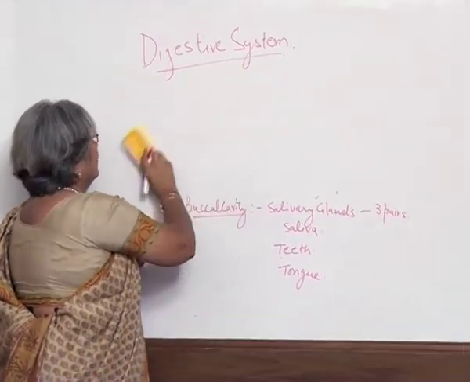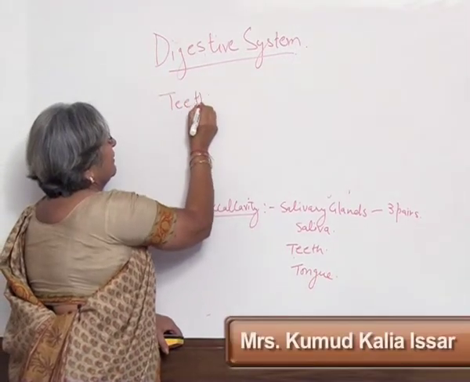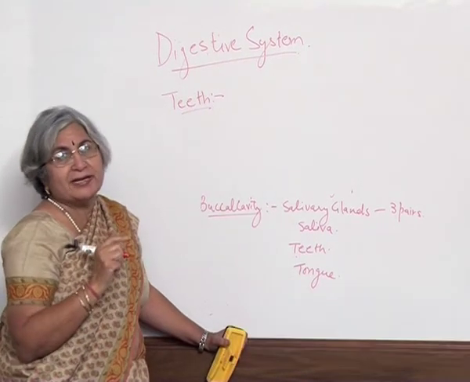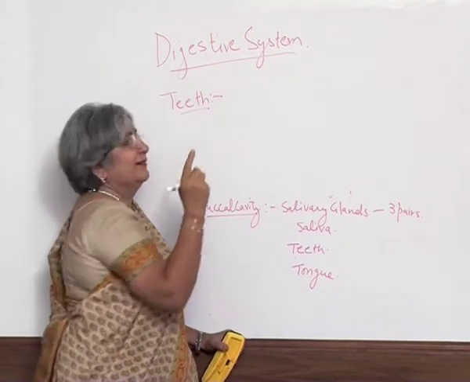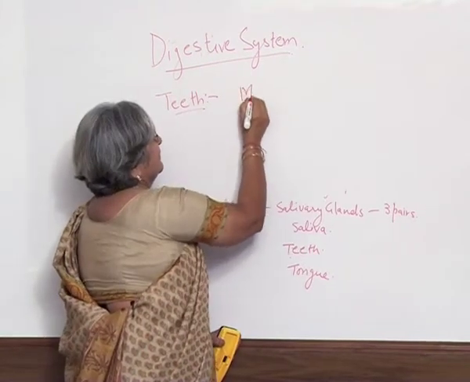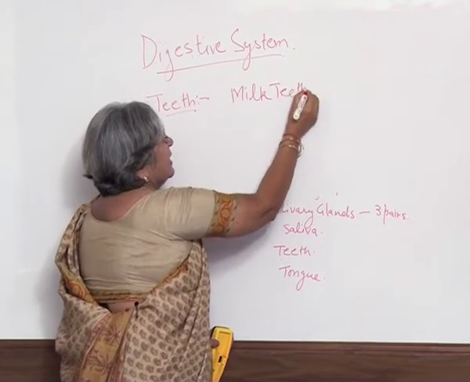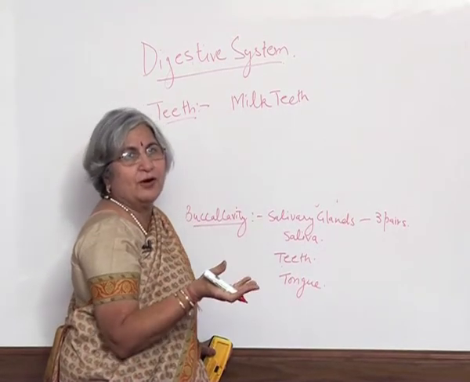You remember you had some teeth and then a time came when you lost those teeth and everybody teased you. So, those teeth were, what were they called? Milk teeth. They are also called deciduous teeth. Why? Because they fall off.